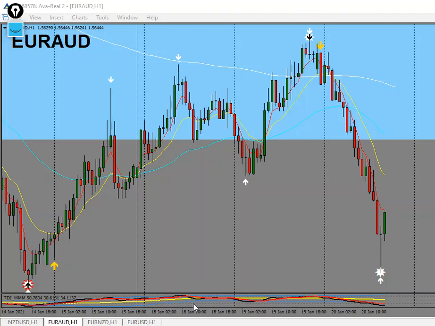So I just wanted to give you an update on what happened on those two pairs we shared on Monday. Basically, when we are using the entry magnifier, we first identify the direction, or the market cycle, or the stage we are at in the market cycle.